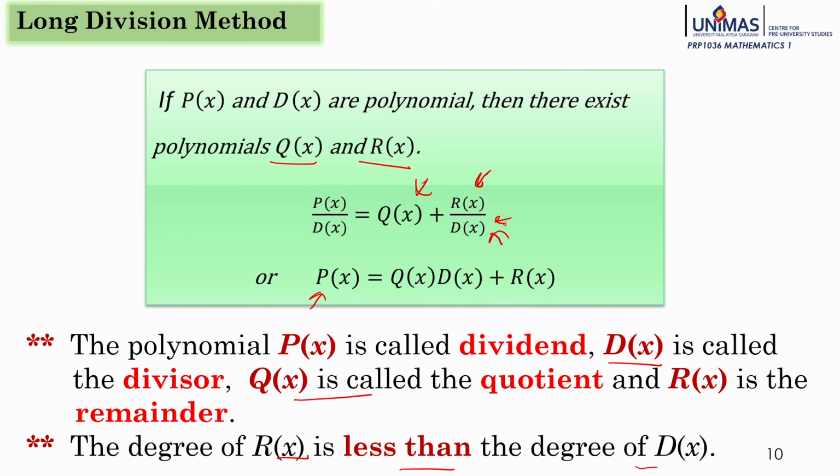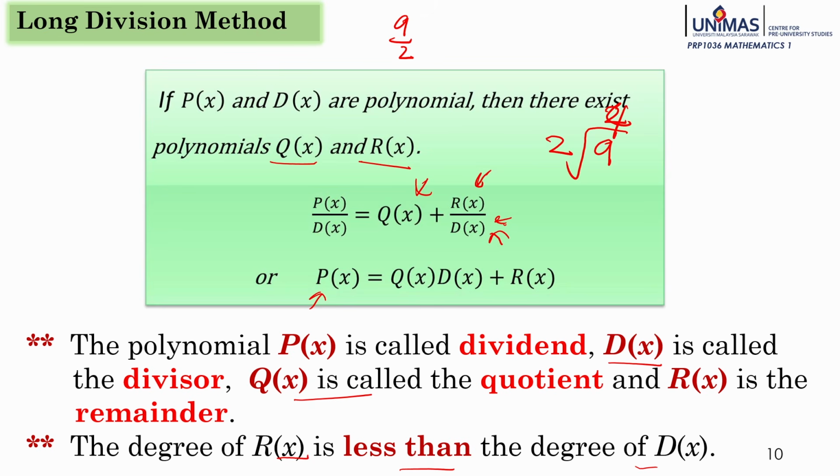Actually, this long division method is similar to dividing two integers. Let's see an example. If you want to divide 9 by 2 using long division, we have 2 here, right? 2 times 2 is, sorry, not 2, 4.